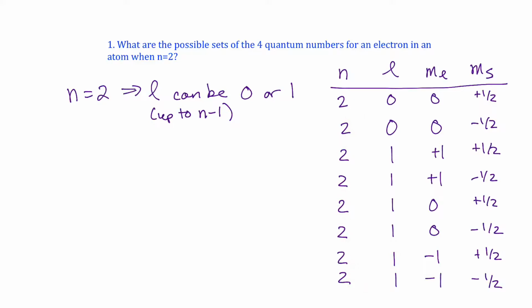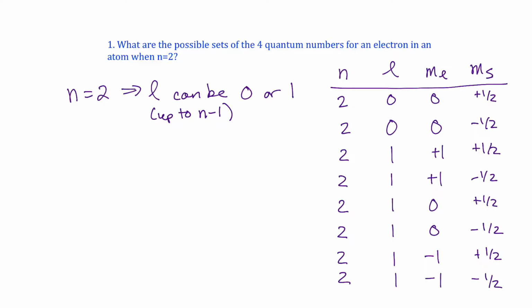Now we have to account for the possible options for l. We know that n equals 2 means l can be either 0 or 1, because we can go up to n minus 1, which in this case is 2 minus 1, which is 1. So we get two options for l, and we're going to have zeros or ones in this column.